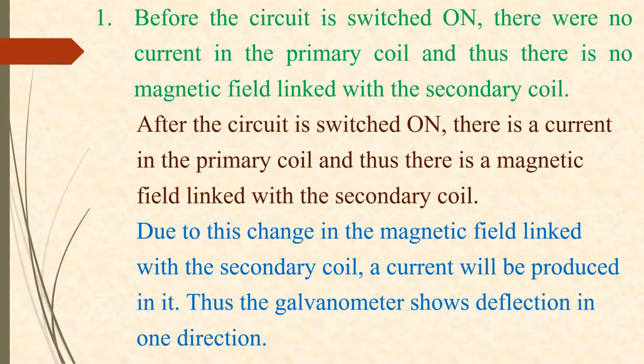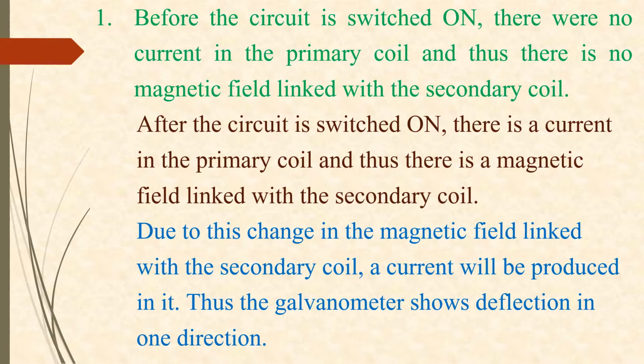But when you switch on the circuit or when you close the key, the current starts flowing through the primary coil, so that a magnetic field will be produced around it. Therefore, a magnetic field is linked with the secondary coil.